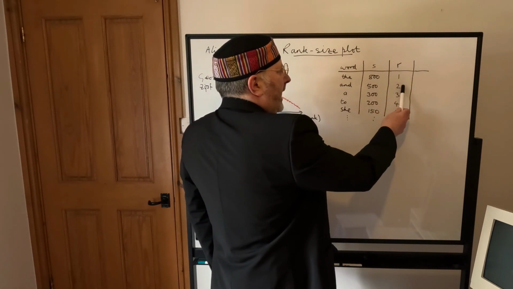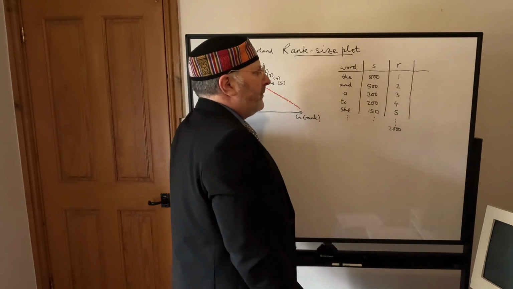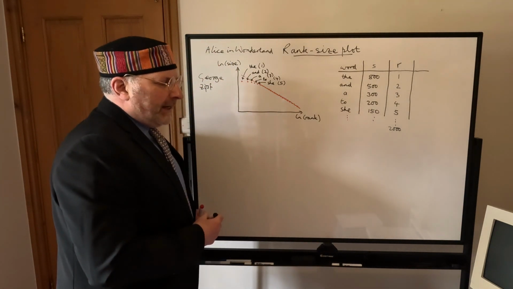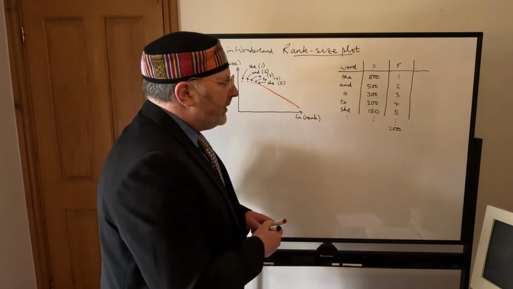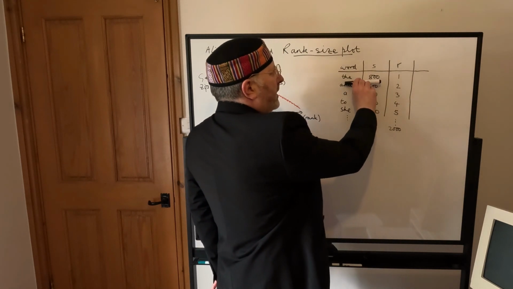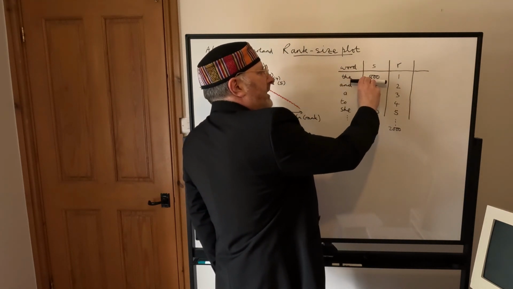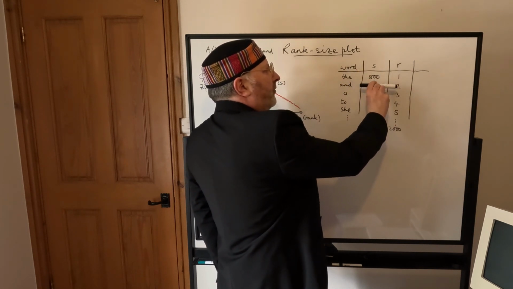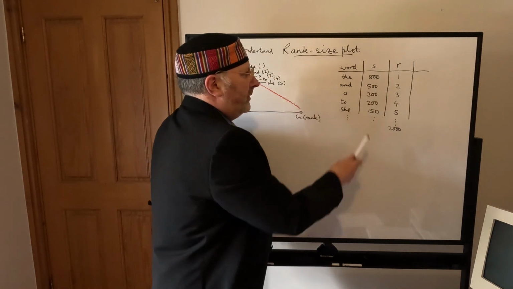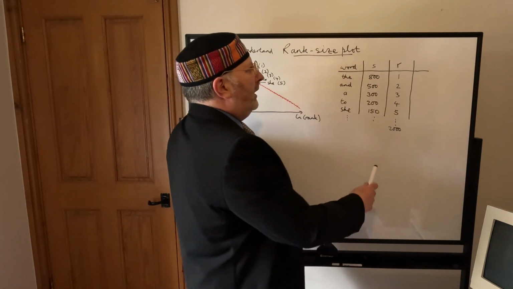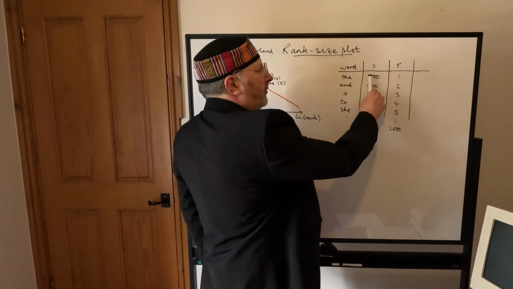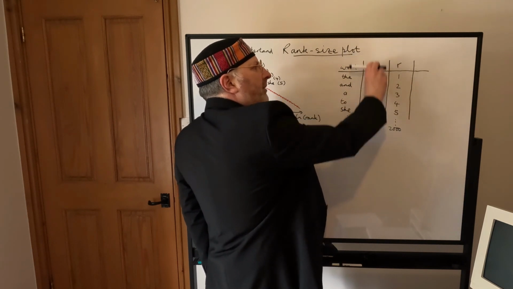So the is rank 1, and is rank 2, 3, 4, and 5. Well, I was just saying that the rank is equivalent to the cumulative probability. And that's because if we ask what's the cumulative probability, which is the probability that a word has a size greater than or equal to 800, which is the frequency for the, well, there's only one word that's got 800 or more, because the is the commonest, so there's nothing above it.